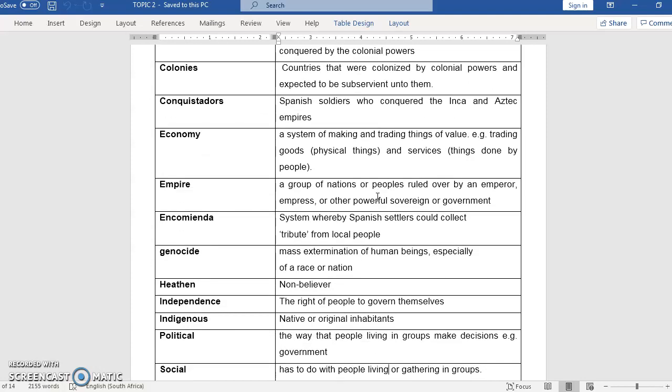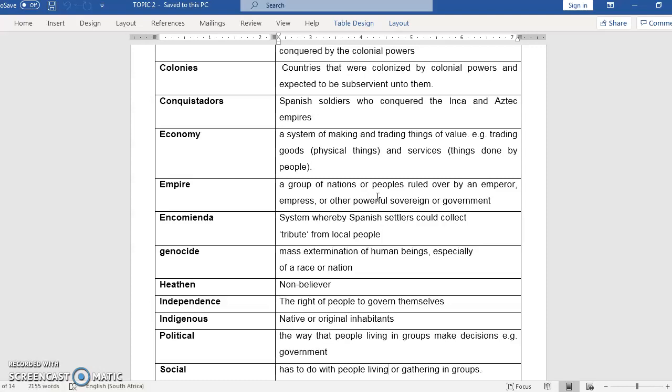Then you've got the word genocide. Now, genocide in this unit is kind of contested, whether it was genocide or not, but it is important to know for grade 11, when we will be doing the Nazis and eugenics and things like that.